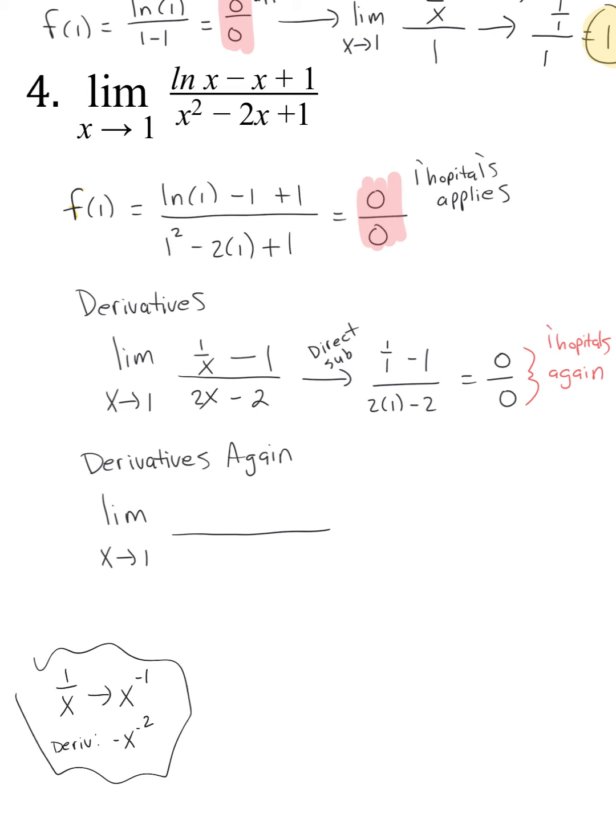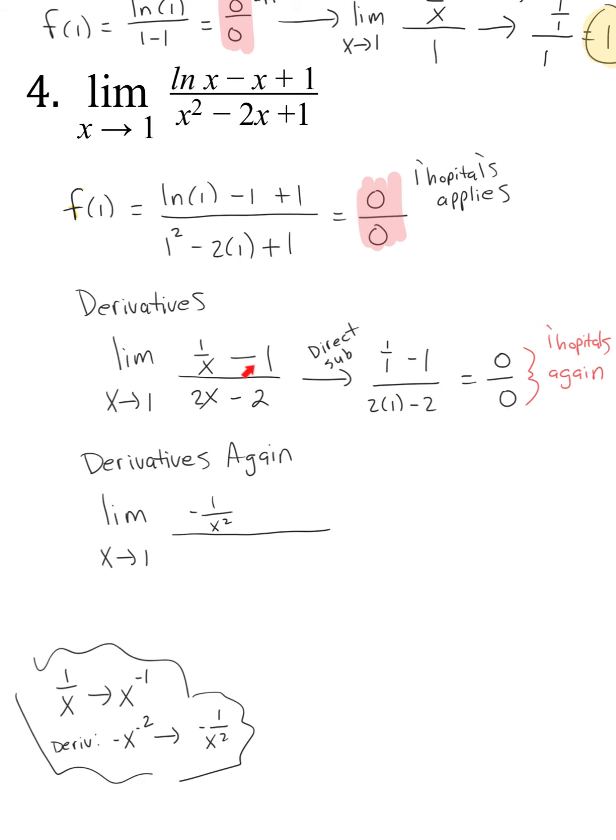And if I rewrite that so that I don't have a negative exponent, I get negative 1 over x squared. So the derivative of 1 over x is negative 1 over x squared.